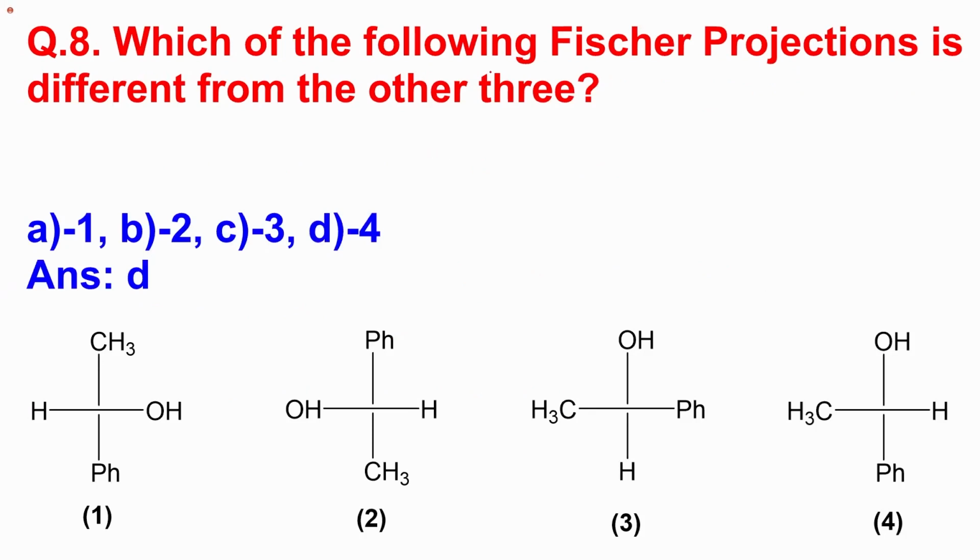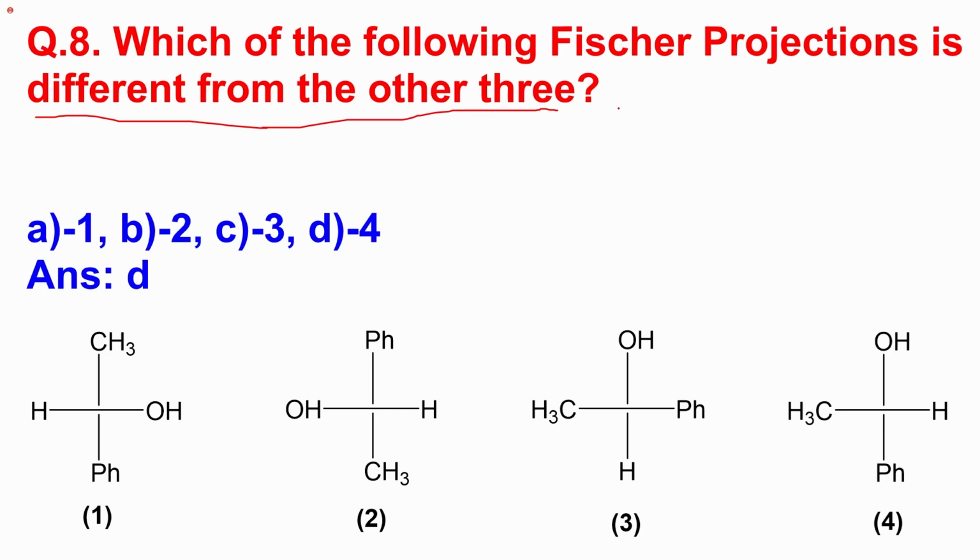Here they are asking which of the following Fischer projections is different from the other three. If time permits today, I can discuss what is the Fischer projection and what is the Newman projection.